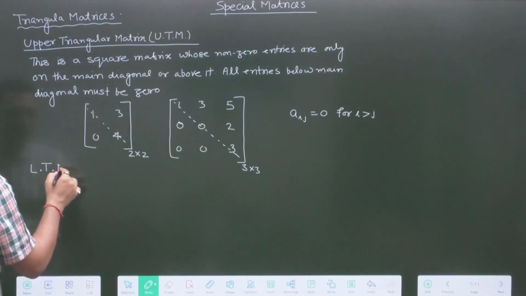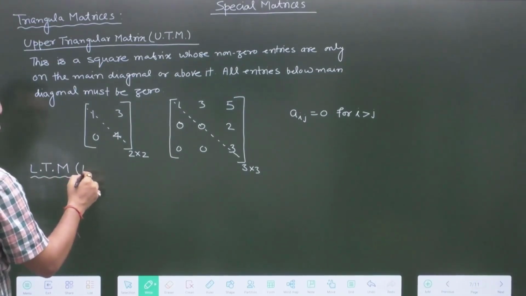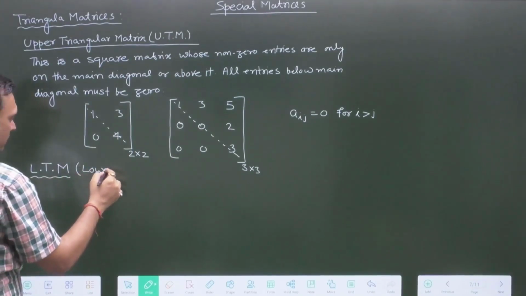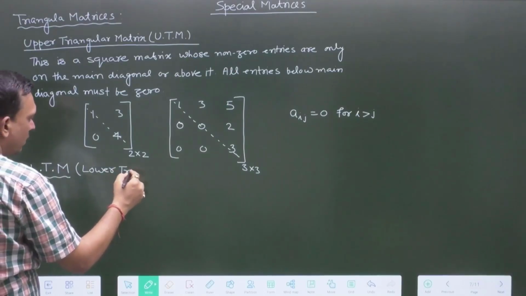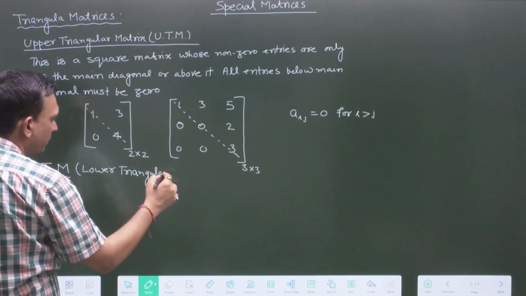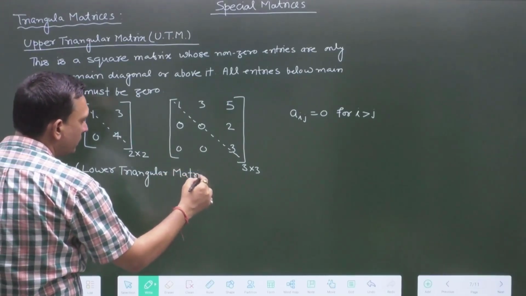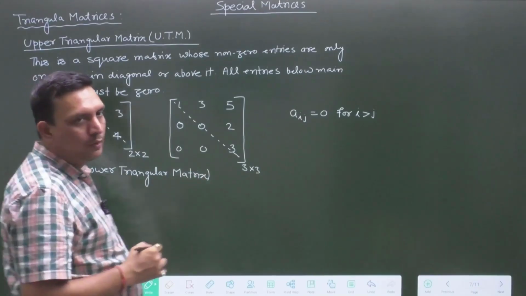LTM is for lower triangular matrix. Lower triangular matrix.